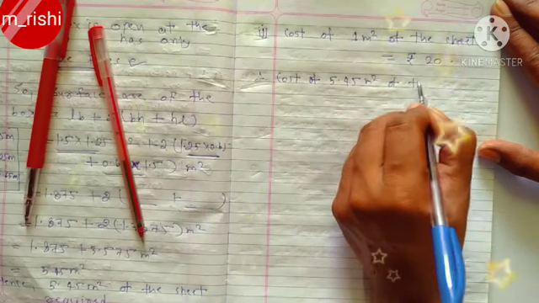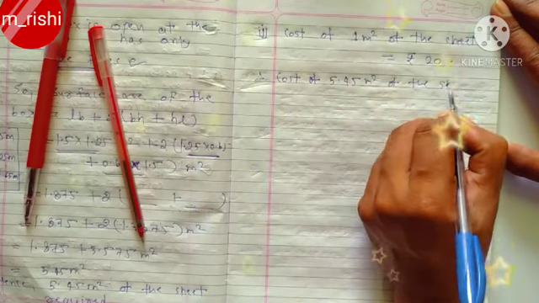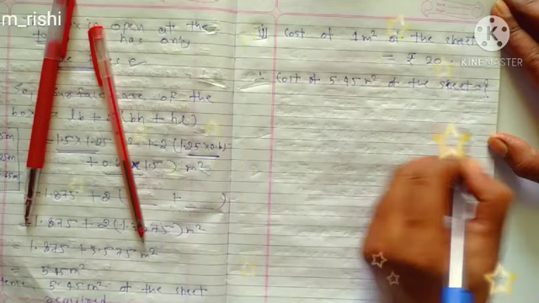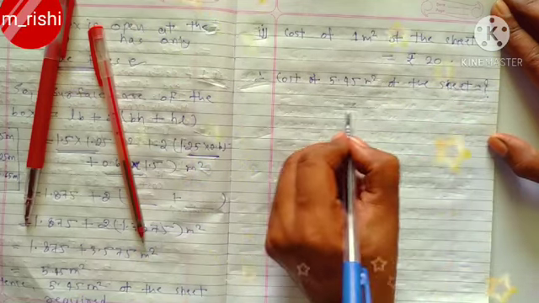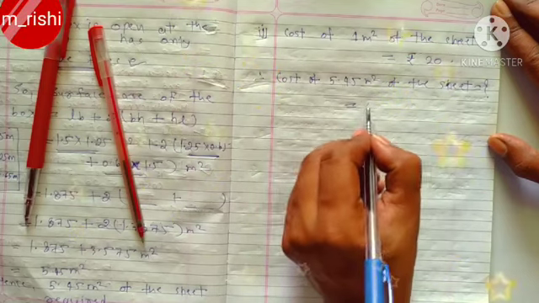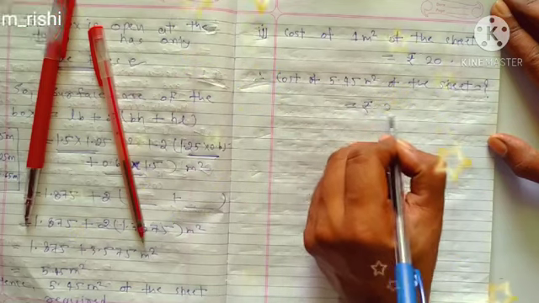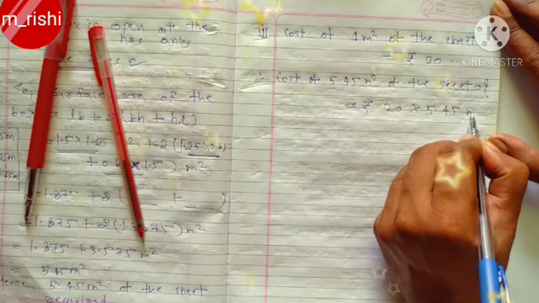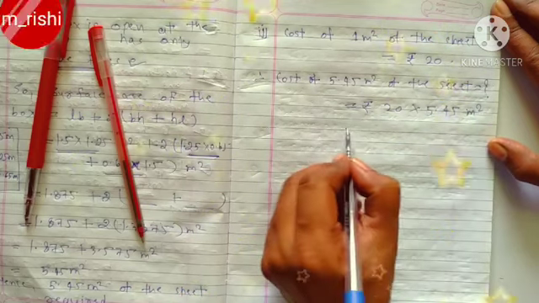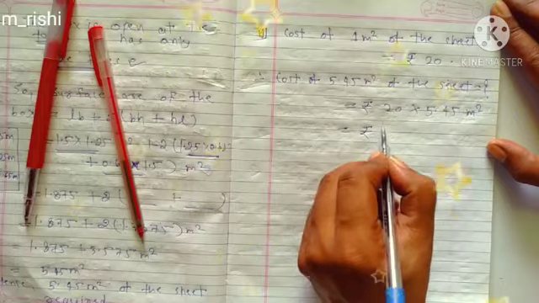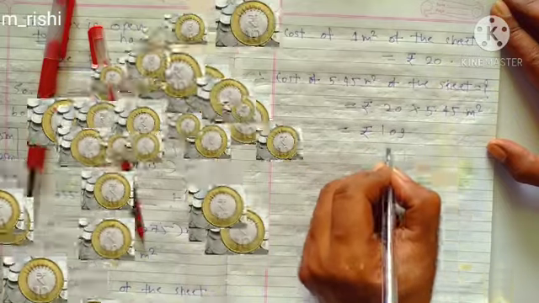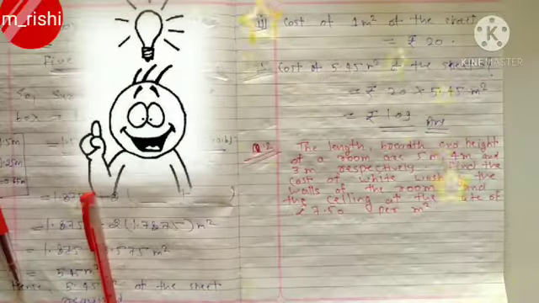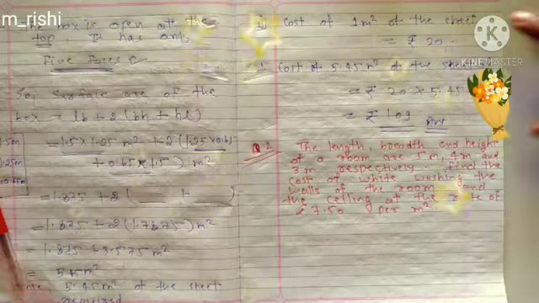Given that 1 meter square costs 20 rupees, we can calculate easily by multiplication: 20 multiplied by 5.45 equals 109. Answer.